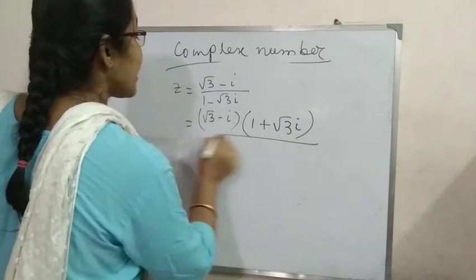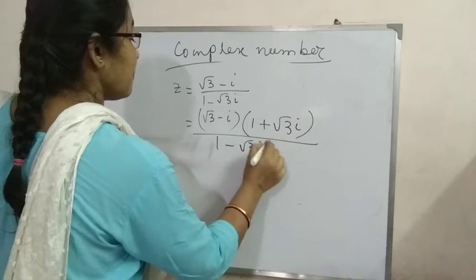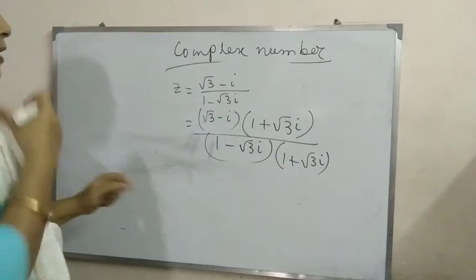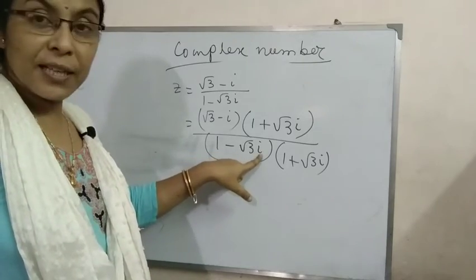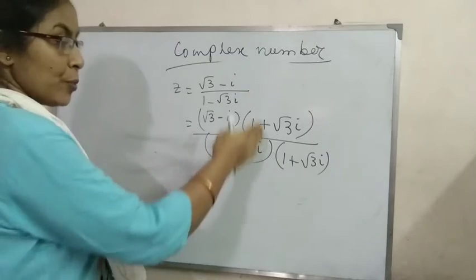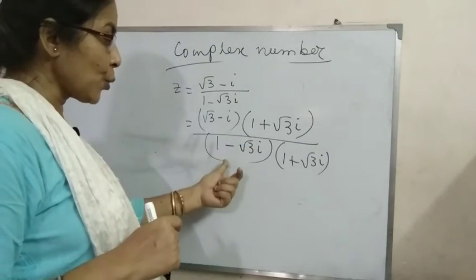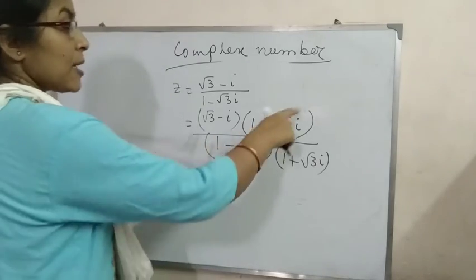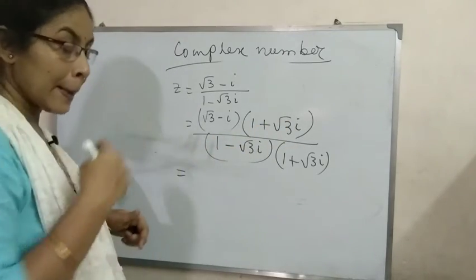Denominator portion is 1 minus root 3i, and its conjugate is 1 plus root 3i. I will multiply the numerator and denominator by the conjugate of denominator, that is 1 plus root 3i.